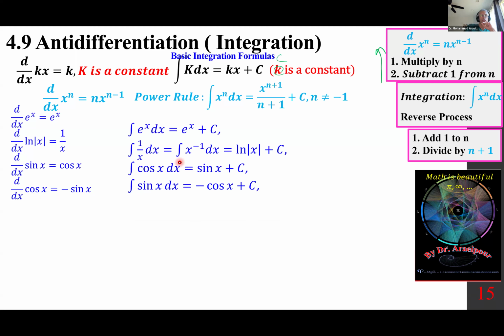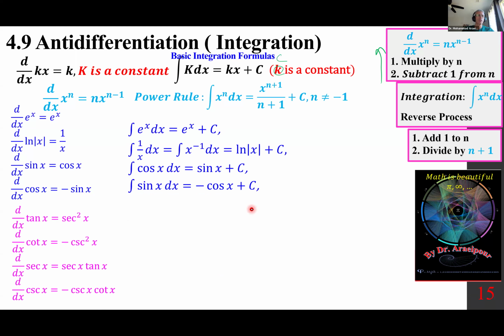So this gives us this. And again, this constant is a number. And the derivative of any number is 0. So this is the reverse process. Same thing for tangent, cotangent, and so forth. If the derivative of tangent is secant squared, the integral of secant squared must be tan x plus a constant.